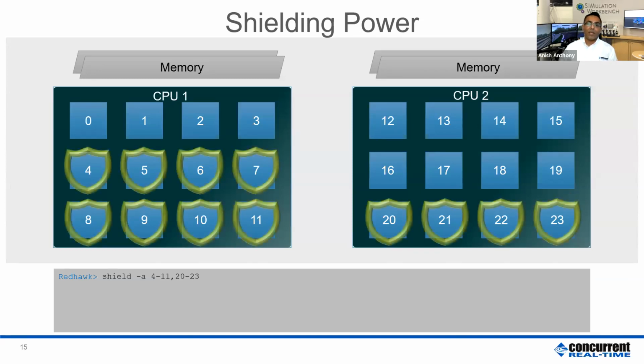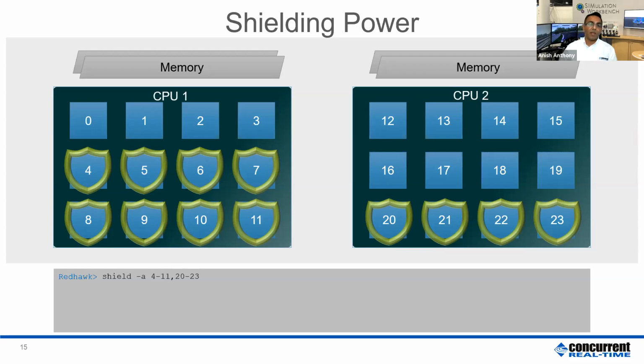And one of the primary enhancements we make to Linux is called CPU shielding. As the name suggests, for a multi-core system, we shield the CPUs and memories from interrupts, local timers, and other processes. So these interrupts don't interrupt your algorithm or code which you wish to run in real time.